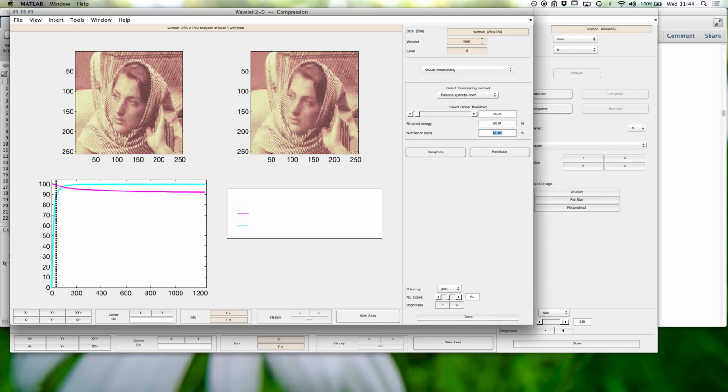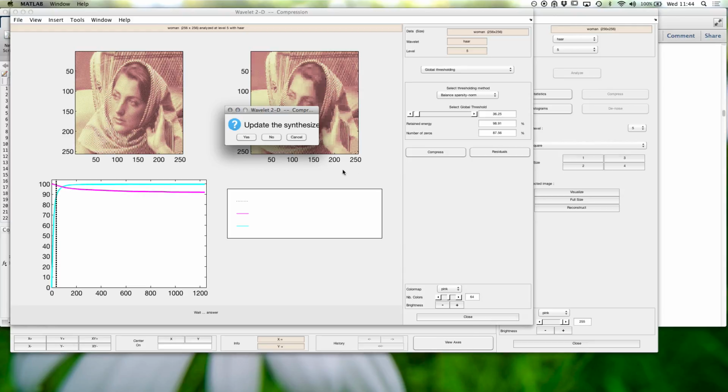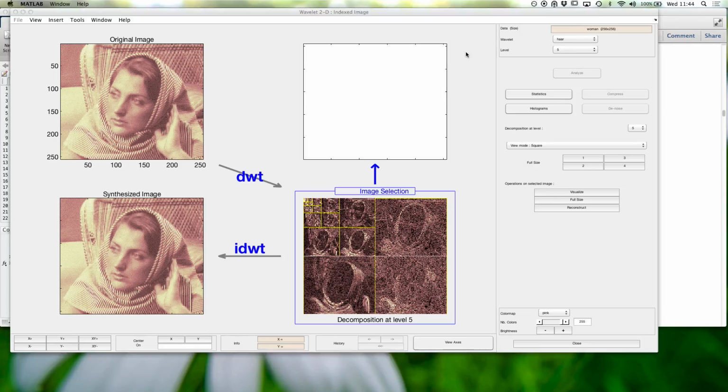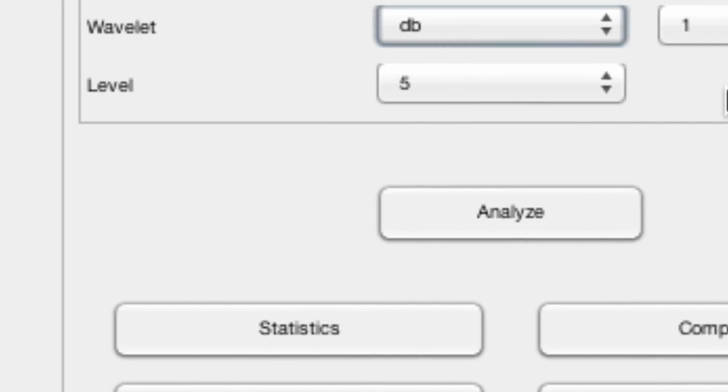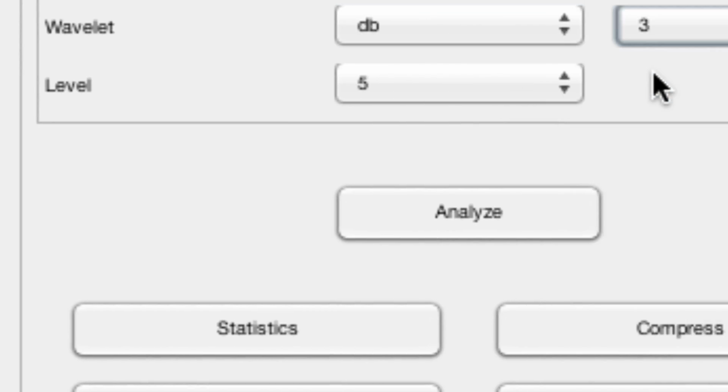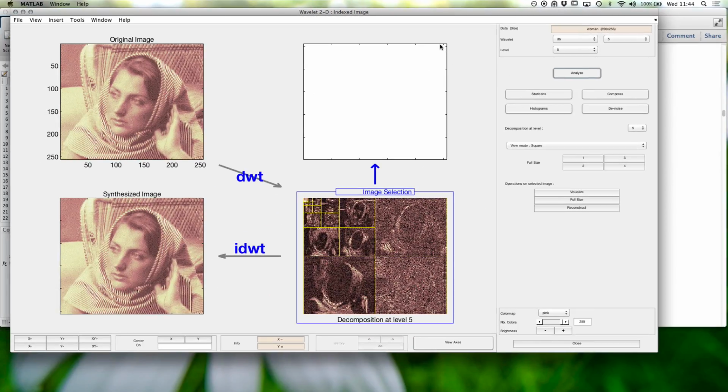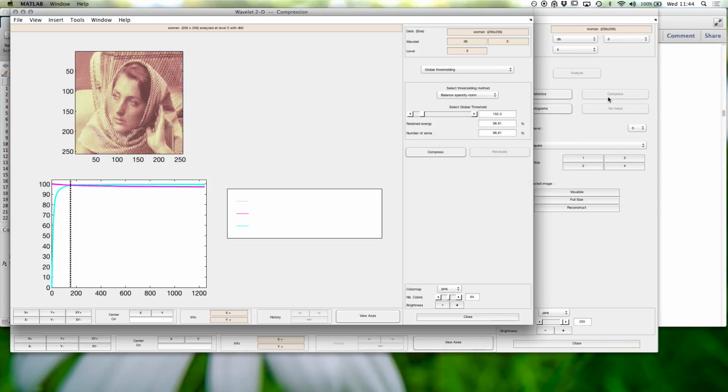And I think we could actually use some other wavelet, like Daubechies, a bit higher Daubechies, for example. And then if we compress, I think we might be able to get something better.